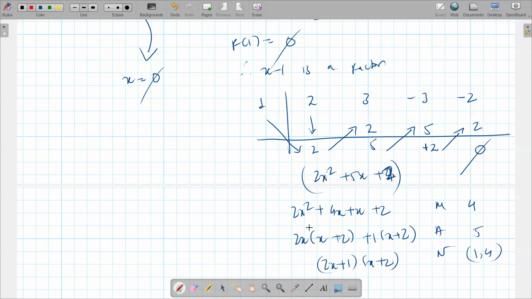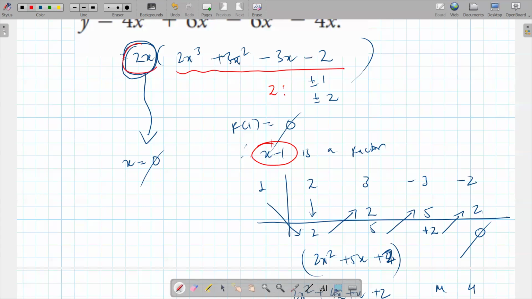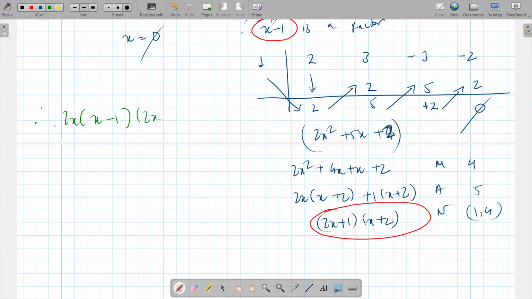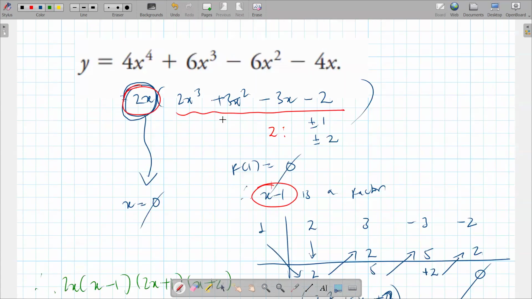So therefore, the answer to this question will be this, that's your quadratic term, times this, that's your factor term, times this, that's on the outside. So your final answer will be 2x times x minus 1 times 2x plus 1 times x plus 2. And that's the thing, fully factored.